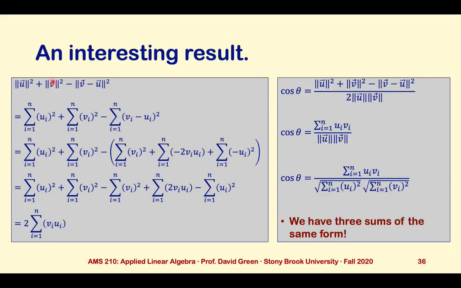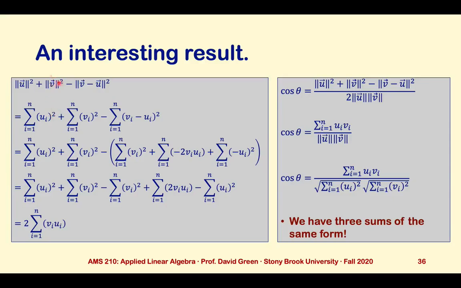Well, if we take a look at what this expression is, the numerator of this term for cosine theta was this norm of u minus norm of v minus the norm of the difference. Let's expand those out in general terms. The norm of u squared is the sum of all of the individual elements of u squared.